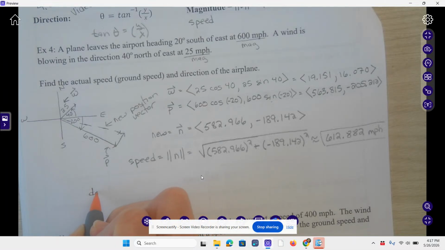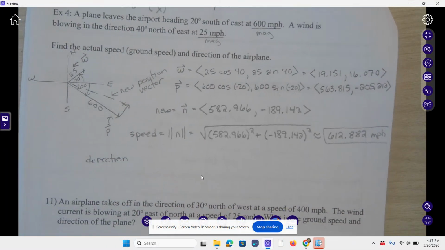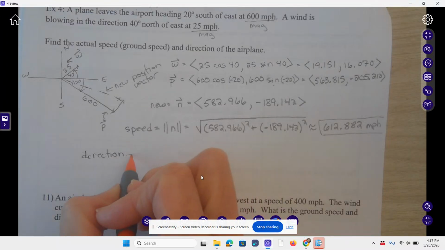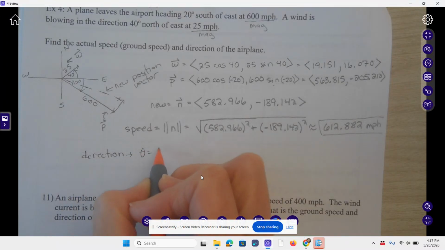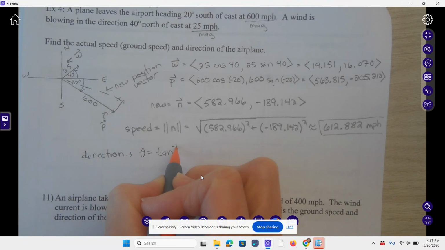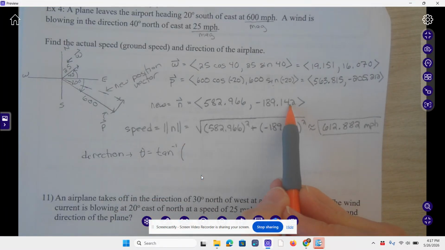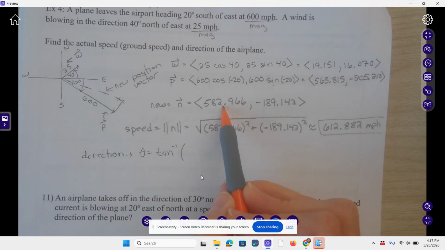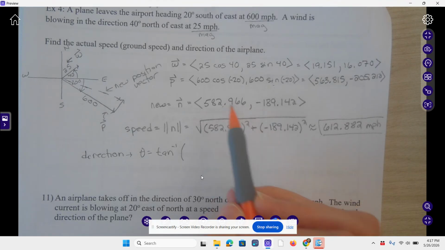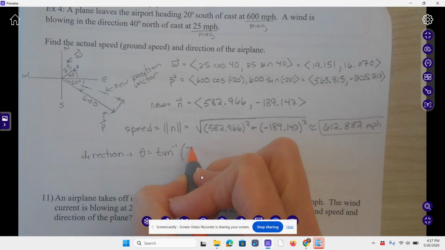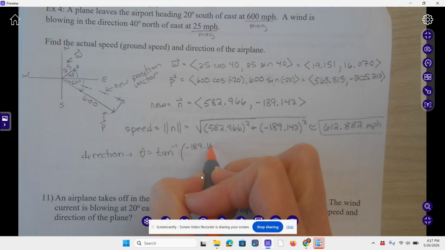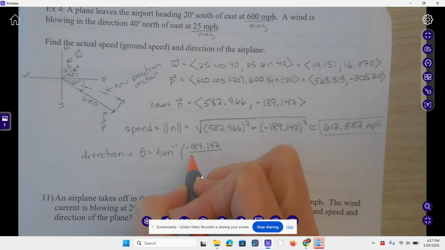So direction is defined by the angle. We're going to say theta equals tan inverse of y over x. So the y component of your vector, negative 189.142, divided by the x component of your vector, 582.966. So y over x.